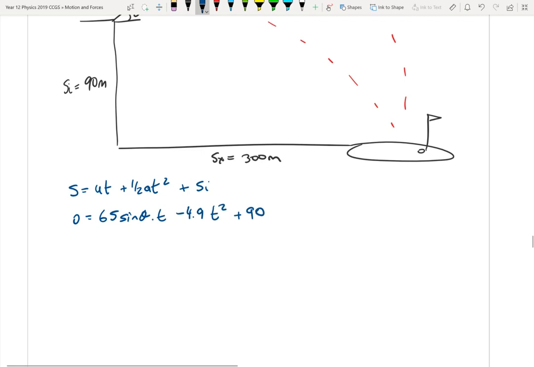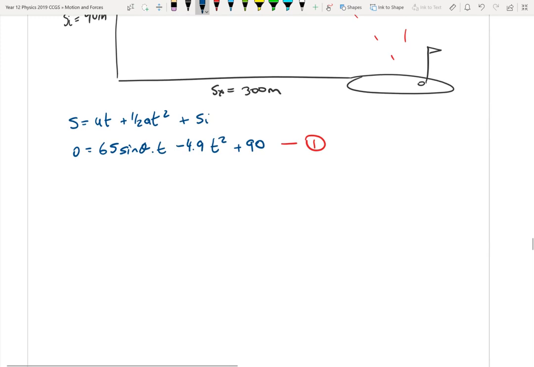Okay. And that is going to be my equation number 1. That's from vertical, right? So from y we get that equation.